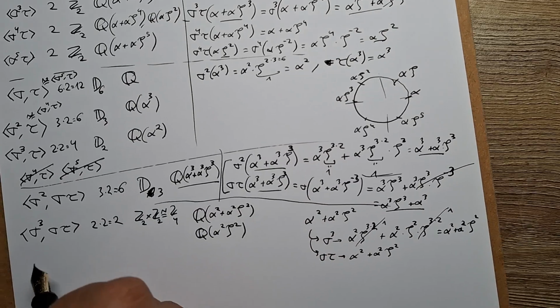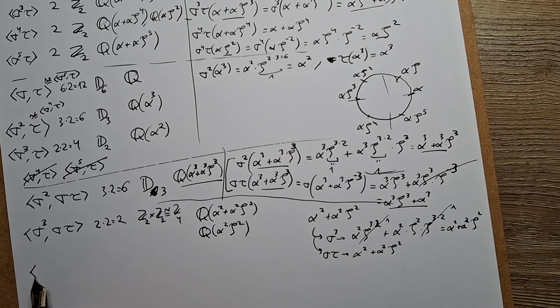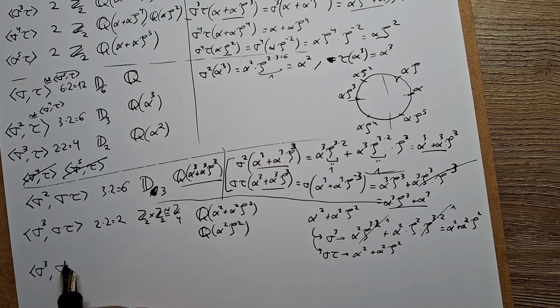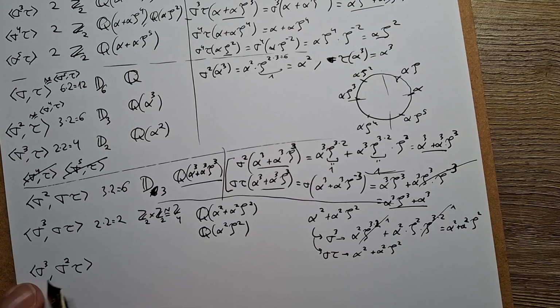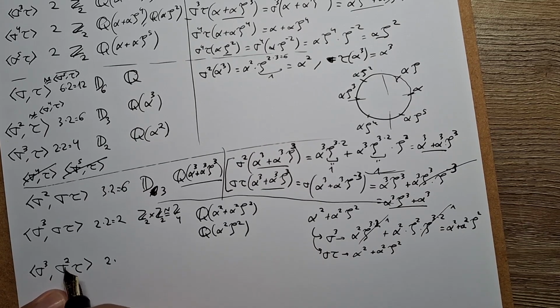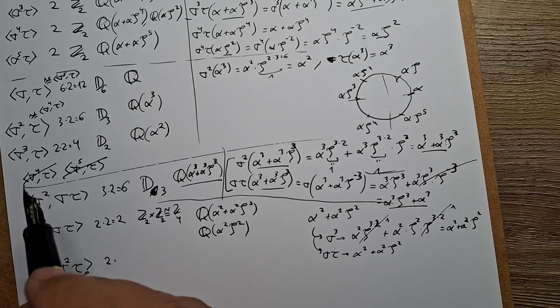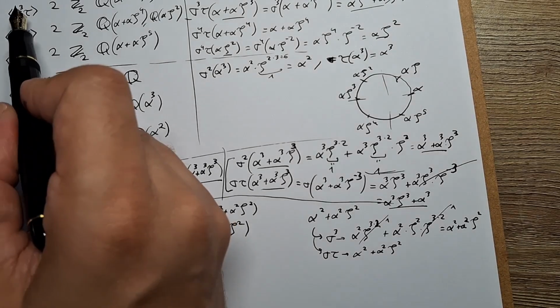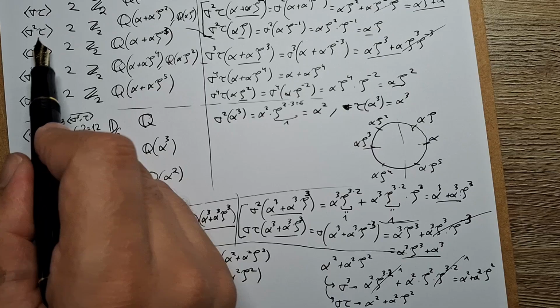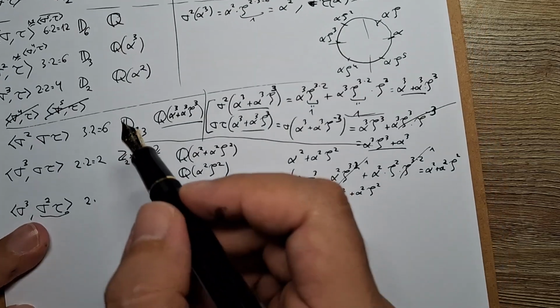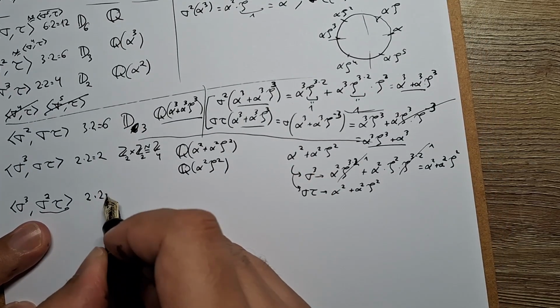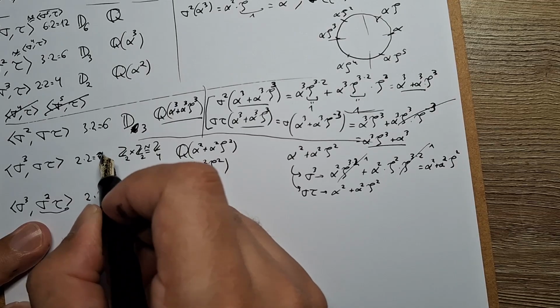And now for the last one, we're going to combine sigma cube and sigma squared tau. This is order 2 multiplied by this thing here, which is what we had earlier before, which also has order 2, which is 4, sorry.